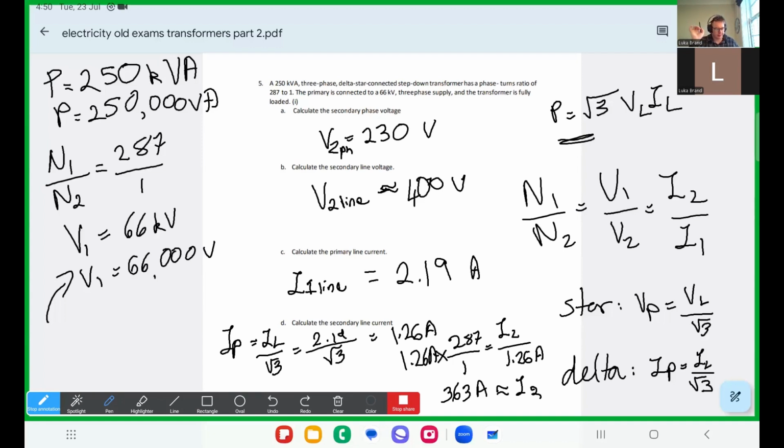That would be I phase, secondary phase. Now it's star connected. The secondary is in the star connection, and I know that I line, the line current, equals the phase current. IL equals I phase in star, which means that my final answer is 363. All right, now let's do it the other way.